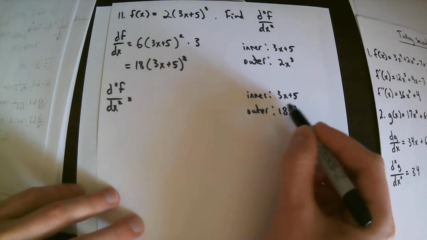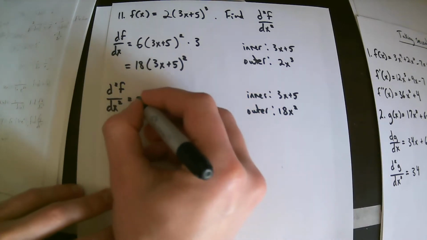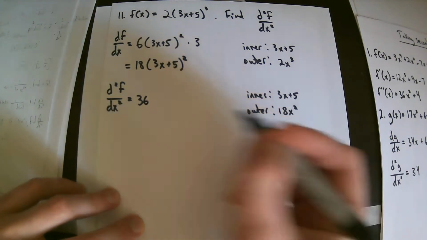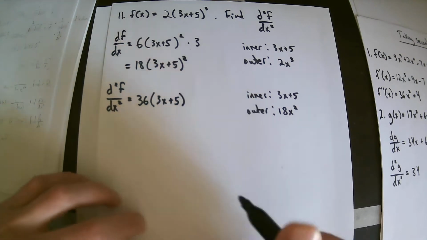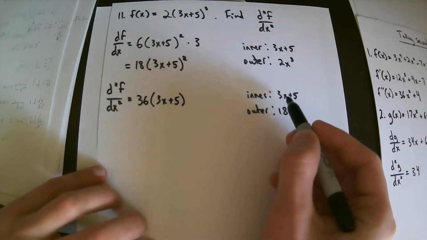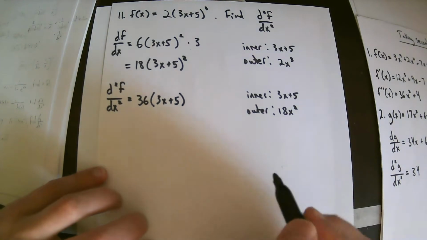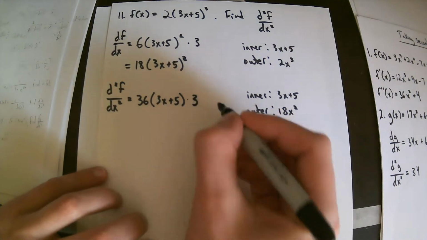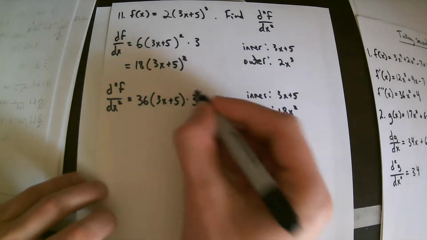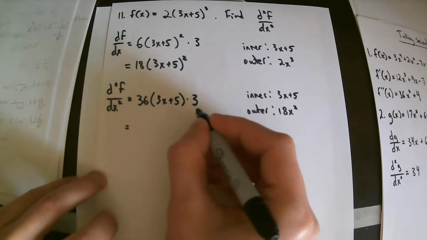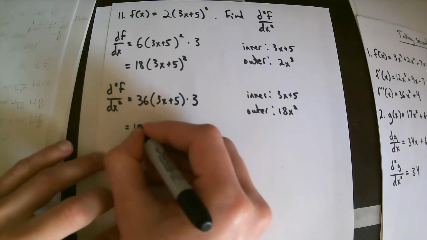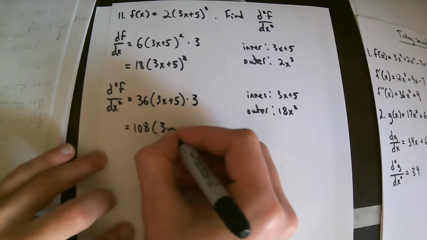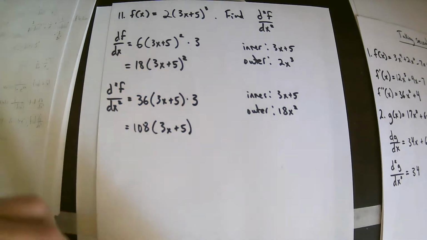So let's take the derivative of this. It's going to be 36x, right? But x is 3x plus 5. That's the derivative of the outer function with respect to the inner function. And then times the derivative of the inner function, that's going to be another 3. So altogether, 3 times 36 is 108 times 3x plus 5. There we go.